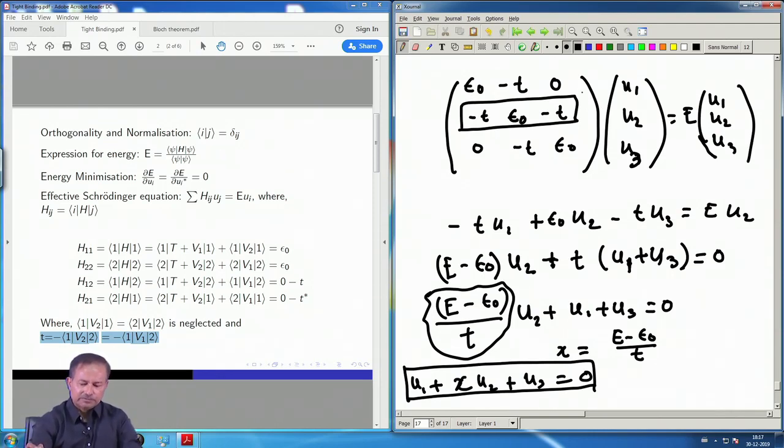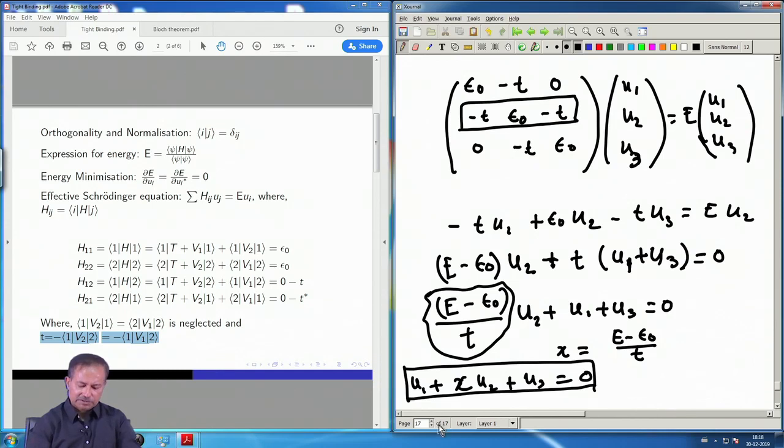They have only one neighbor in the open boundary condition, so those rows will be epsilon naught, minus t and minus t, epsilon naught. The only change is in the second row, which has 2 neighbors. The diagonal element is again epsilon naught, and the off diagonal elements on both sides will now become minus t.